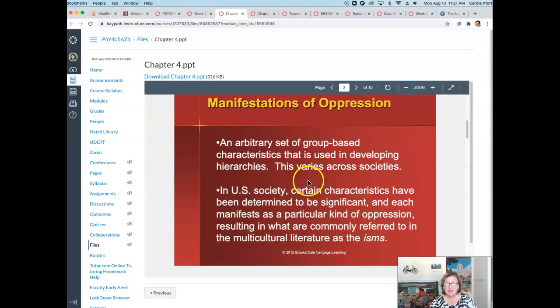In the US, certain characteristics that are determined here to be significant are also resulting in oppression. And these are referred to in the multicultural literature as the isms. So that is a little bit of introduction to chapter 4.